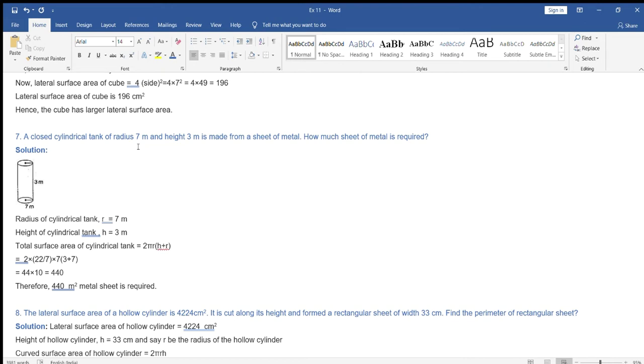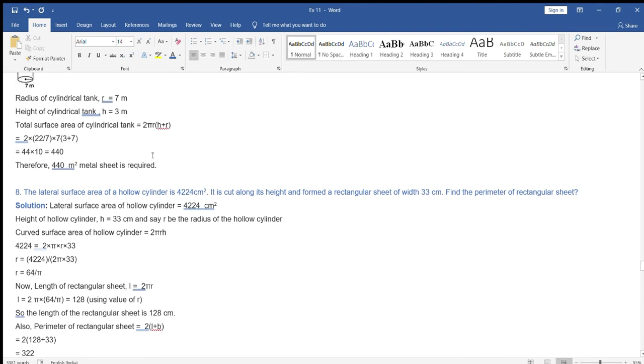If the tank is closed, it is 2 pi r h plus 2 pi r square. By putting the value in the formula, we get 440 meter square. That is the amount of sheet metal required.